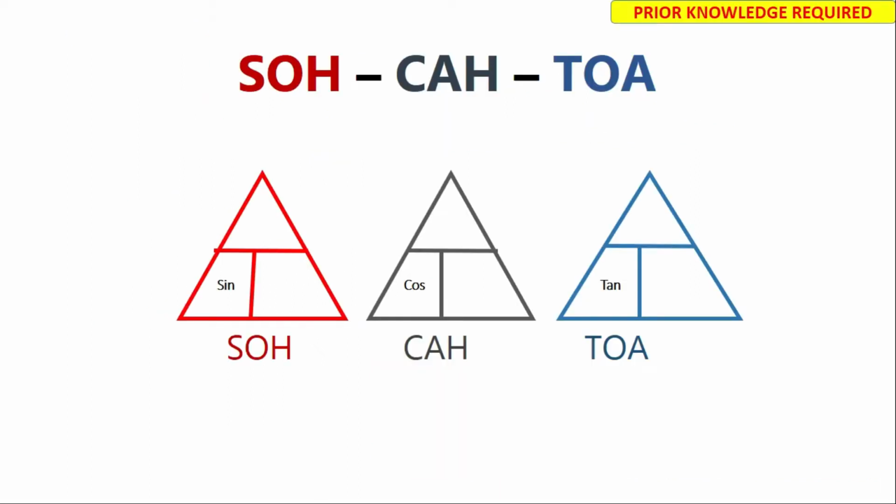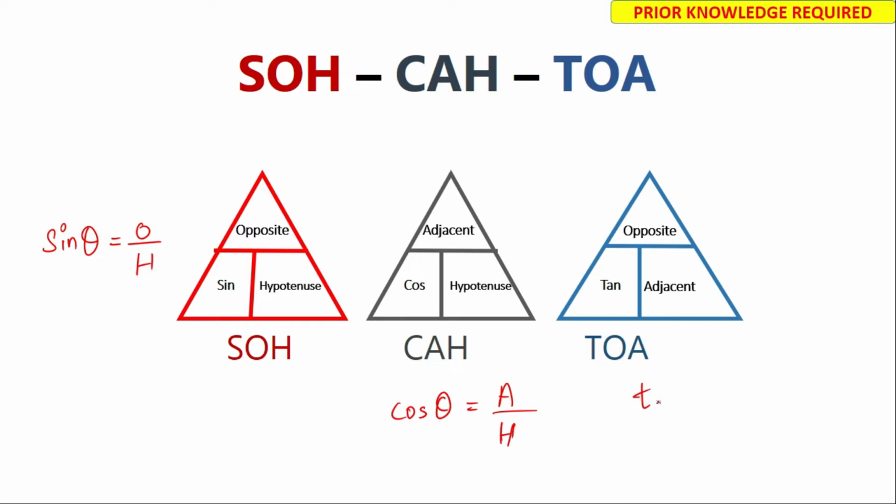Before starting with the problems on finding the missing angle, you should know SOHCAHTOA, the trigonometric functions, where sine theta is opposite side over hypotenuse, your cos theta is adjacent side over hypotenuse, and the tan of the angle is equal to opposite over adjacent.